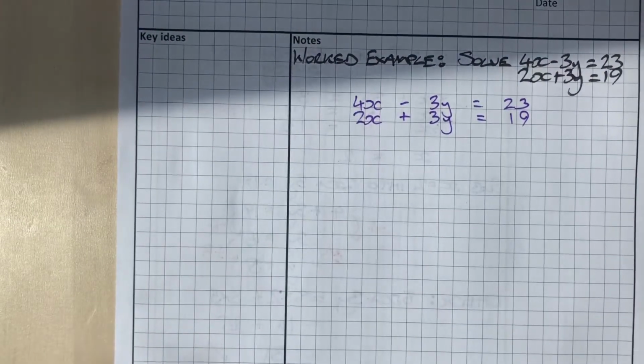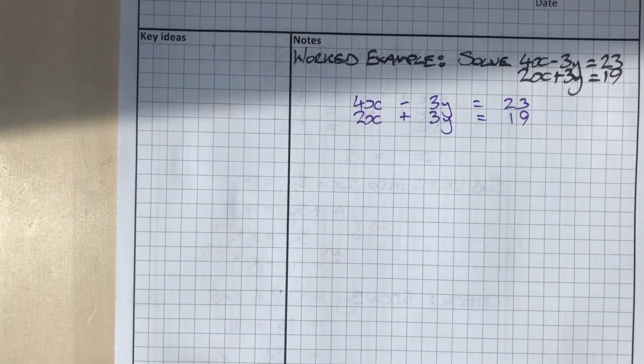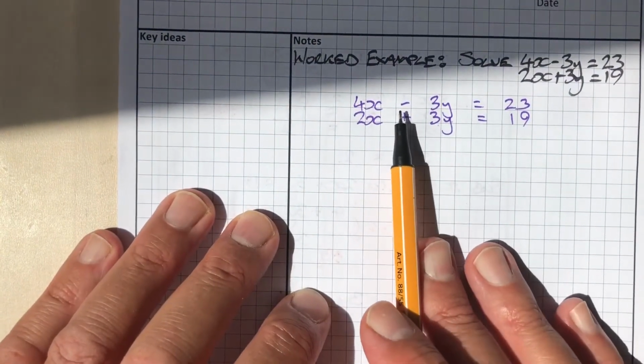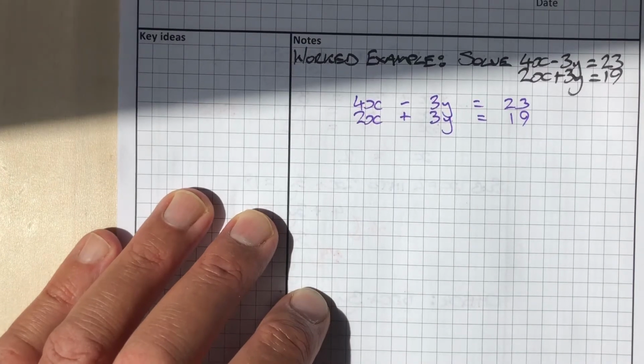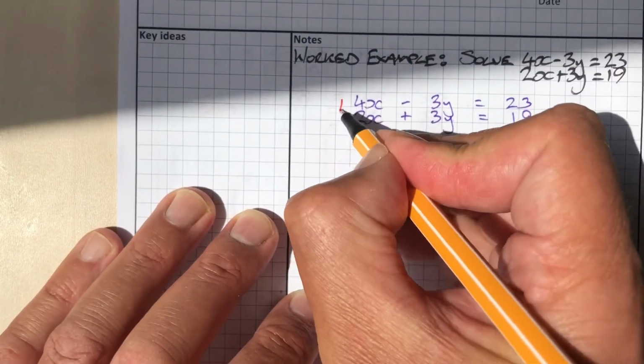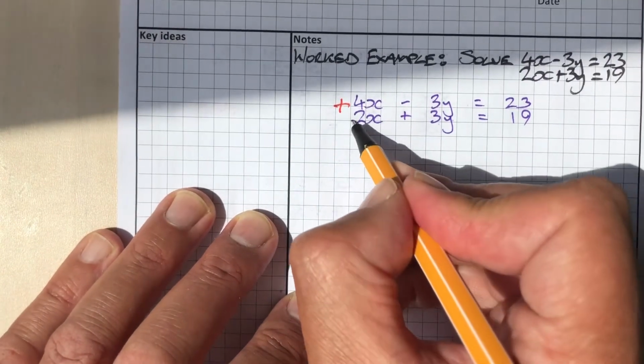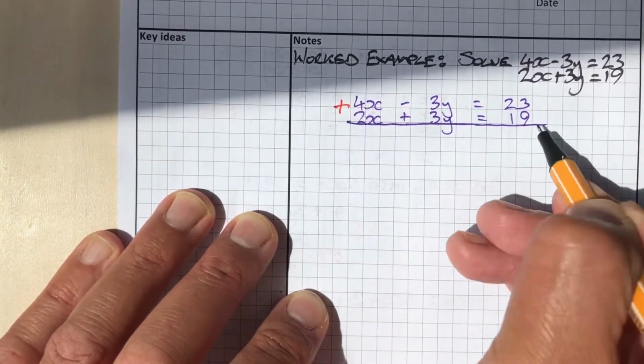Not the same signs, so not subtract. This time signs are different. Signs in front of y are different. So I'm not going to subtract. So take a wild guess. We're going to add.